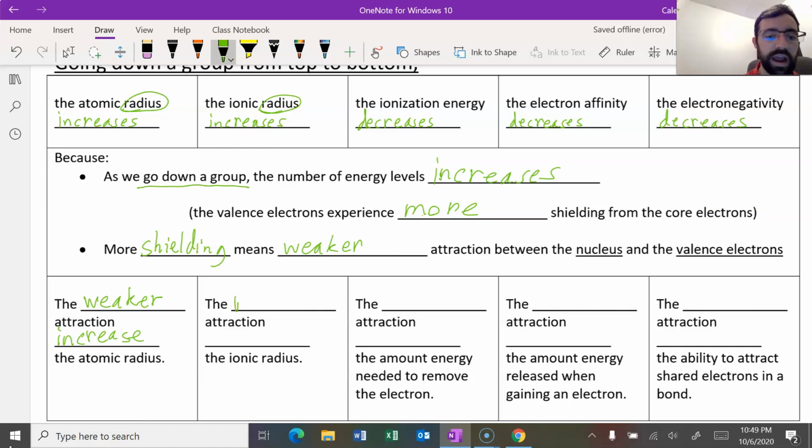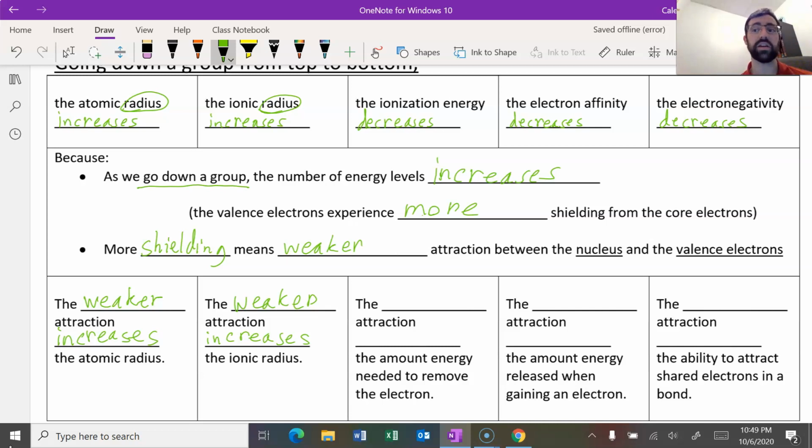The weaker the attraction increases the ionic radius and the atomic radius. So let's think about that just this time. We have a weaker attraction, so the electrons on the outside are not being pulled in as closely. If they're attracted less, they're going to be allowed to spread out a little bit more, which makes the radius grow. It makes the atom bigger.